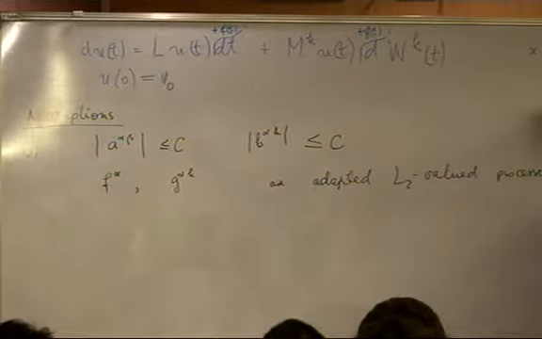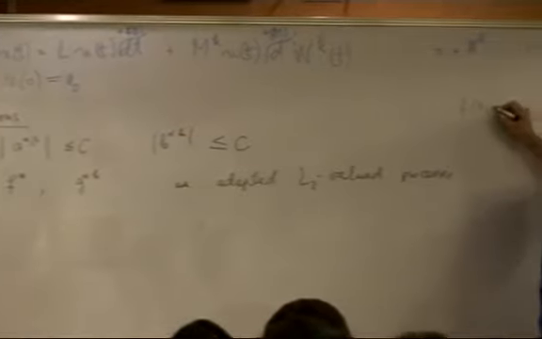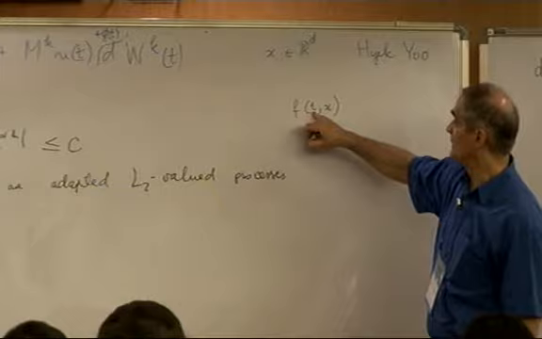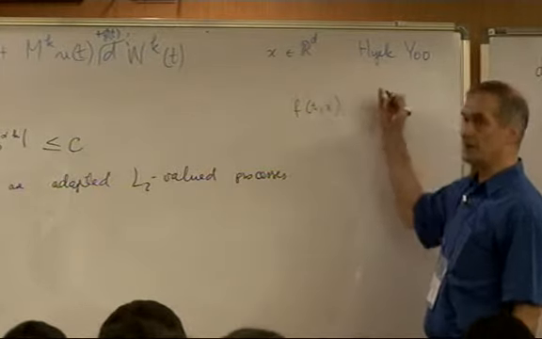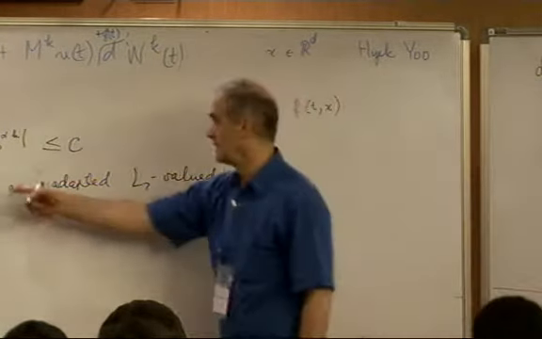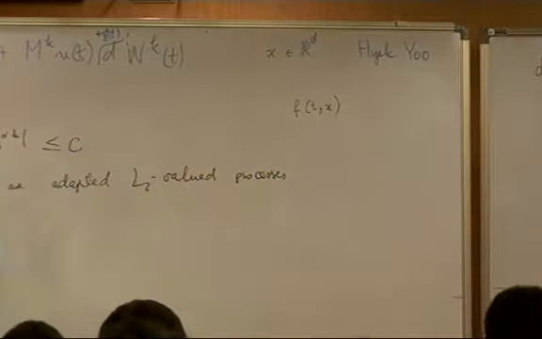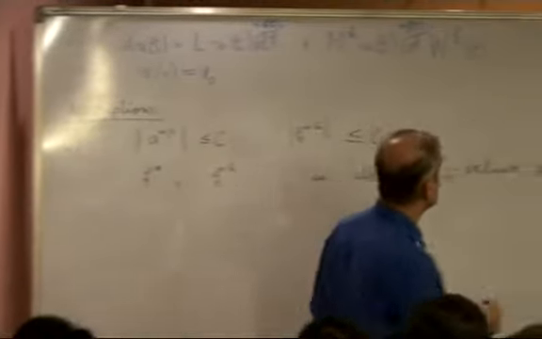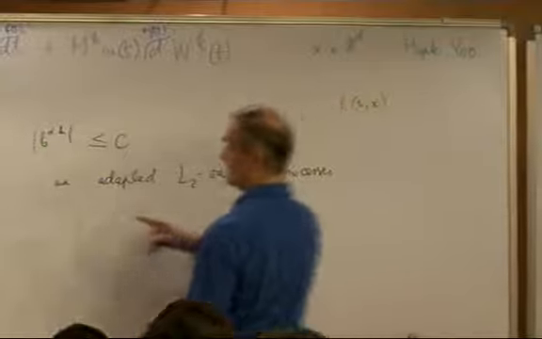Yes, these are functions of t, omega and x, and considering them as functions with values in a functional space, we want them to be L2-valued adapted processes. Sorry? G^k, there is no alpha, right? Thank you.